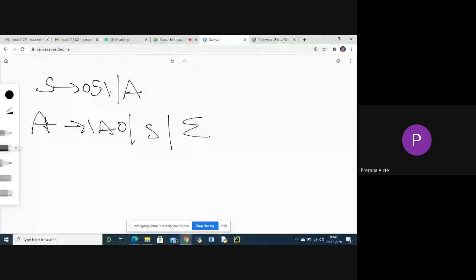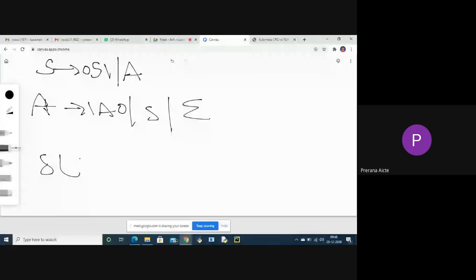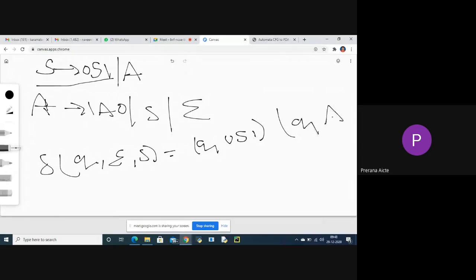So now we will convert the given productions to transition functions. Delta of q comma epsilon comma S is equal to q comma 0S1. In the same manner, q comma capital A.